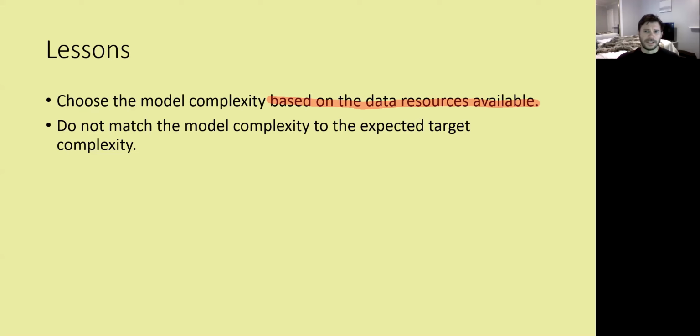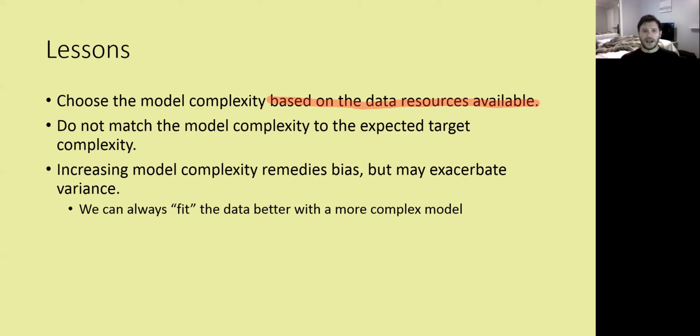The other thing that we can see here is that if you increase the model complexity, this is going to tend to remedy the bias, right? So reduce the bias, okay? But there's a trade-off that we face, and that is it may exacerbate or make worse the model variance. Okay?